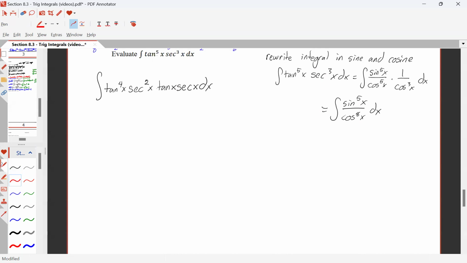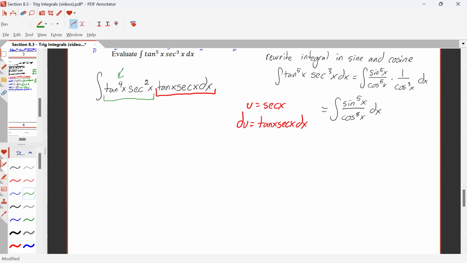And we factor out this tangent secant to become a du. We want to make a u substitution to have du equal tangent x secant x. That means we want u to be secant x. So everything else needs to be rewritten in terms of secant.